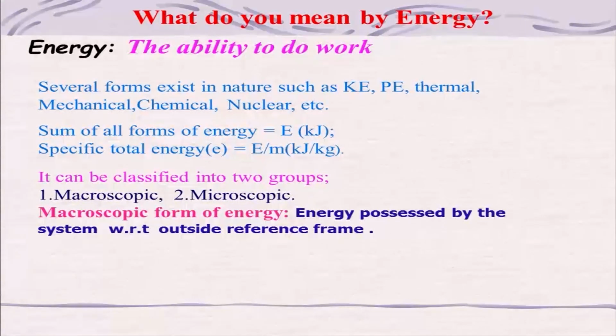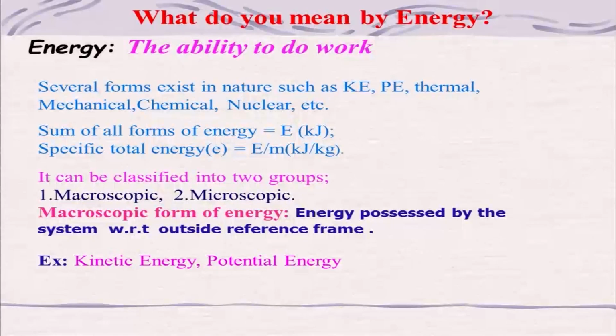That is what we will be dealing with in this thermodynamics. However, we will also discuss the other aspect, the microscopic energy, a little bit. The common forms of macroscopic energy are basically kinetic energy and potential energy.